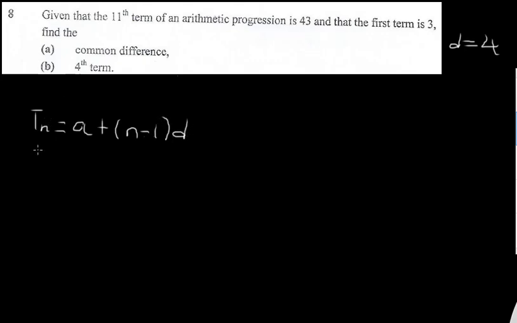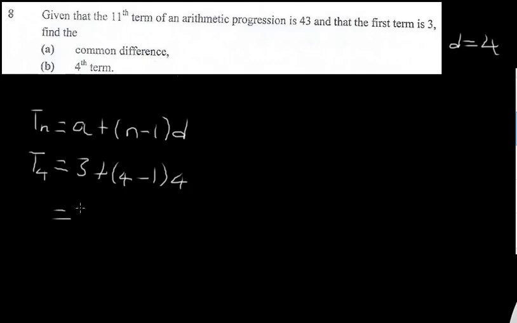So what we're looking for is the fourth term, so we'll say T4, right, equals, what is our A? A is the first term, which we are given as 3, plus, what is our N? N is 4, minus 1, and what is our D? D is simply the common difference which we found, which is equal to 4, so we'd have 4 there.